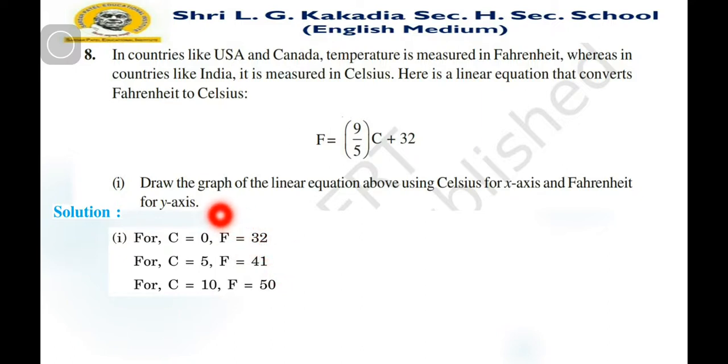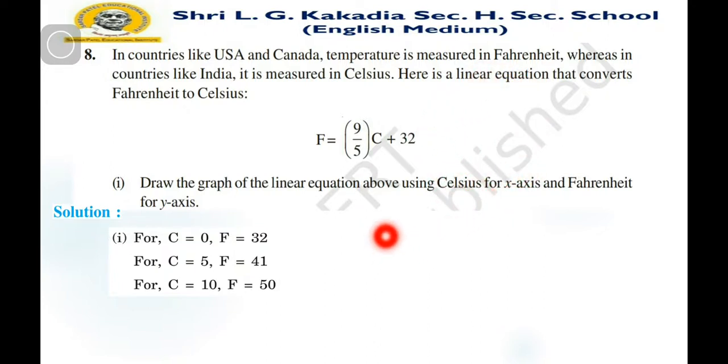Now we are going to put Celsius on the x-axis. So here the values on the x-axis are 0, 5 and 10. We can take 1 centimeter as 1, 2, 3, 4, 5, 6, 7, 8 as well, but here Fahrenheit is given in tens. Here you can see that in tens: 32, 41, 50. So we have to take 1 centimeter on the y-axis as 10: 10, 20, 30, 40, 50, 60 as well.